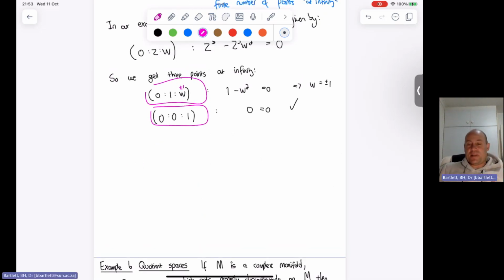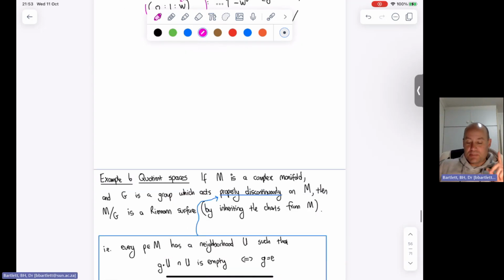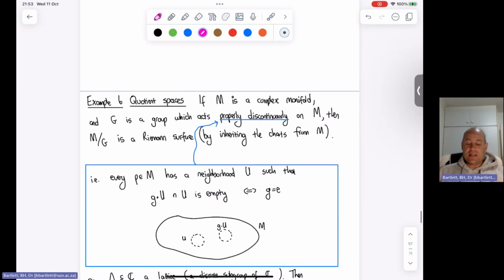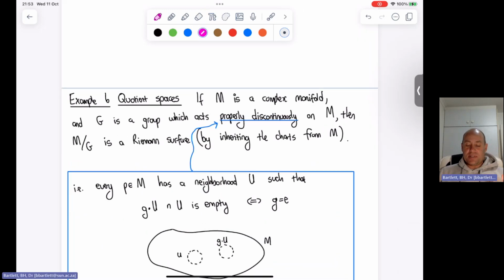Okay, last example of a complex manifold. You've learned quite a lot now, and some beautiful examples, but also quotient spaces. So if you have a complex manifold and you've got a group which is acting on the manifold properly discontinuously, what does that mean? It means that every point in M has a neighborhood U such that if I take any group element G and translate U by G, and I intersect that with my original neighborhood U, if that's nonempty, then that can only happen if the group element that I was translating with was the identity.